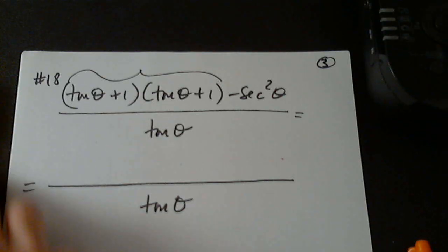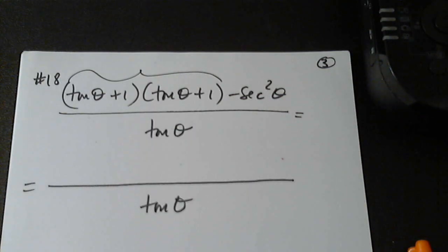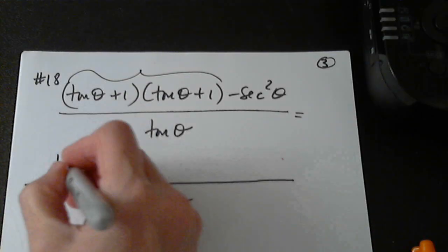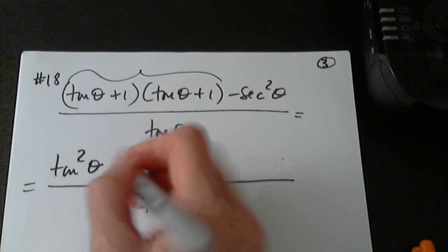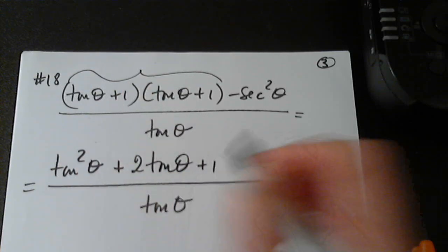So, can anyone give us tangent theta plus 1 squared? Anyone, please? Tangent squared of theta plus 2 tangent theta plus 1. Excellent.